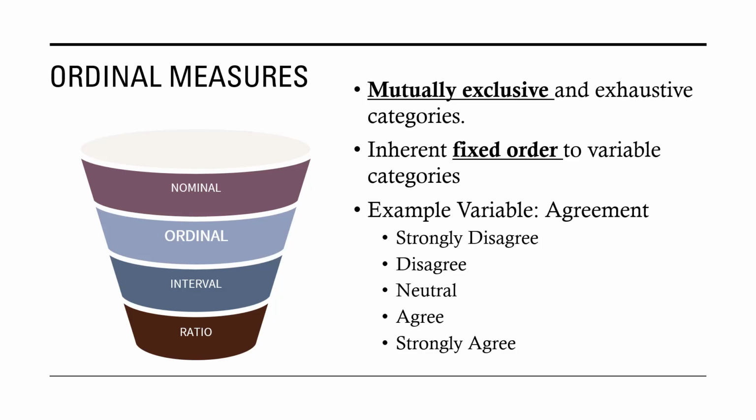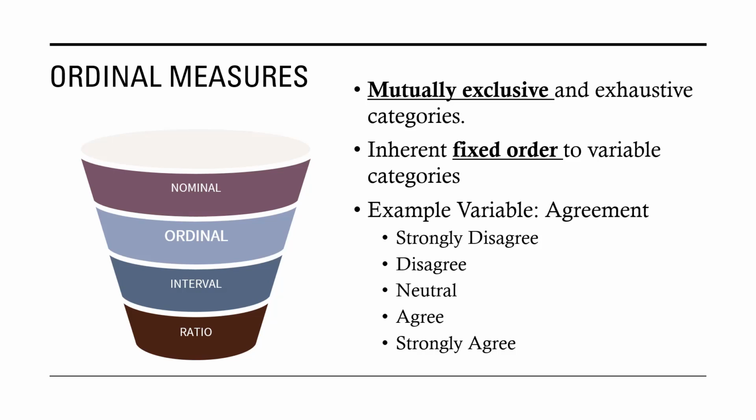Okay? Ordinal level of measurement variables are when we have variables with value categories that are mutually exclusive, so similar to nominal, but they go a step further. Now those values have an inherent fixed order in relation to them, so they are ranked in some way. An example of this might be a Likert scale where you're indicating your level of agreement.